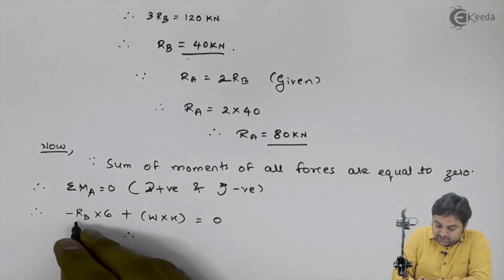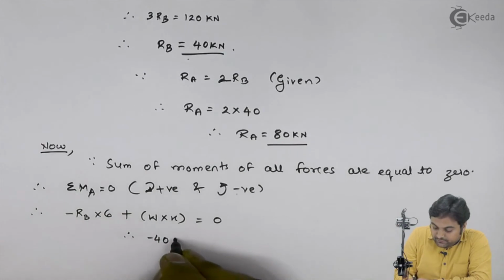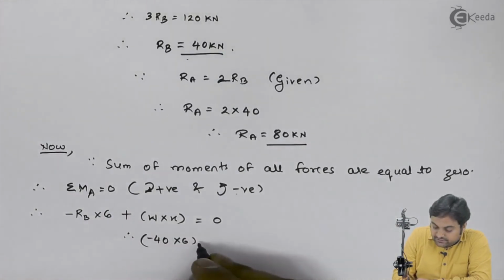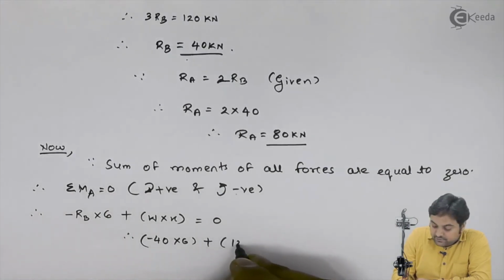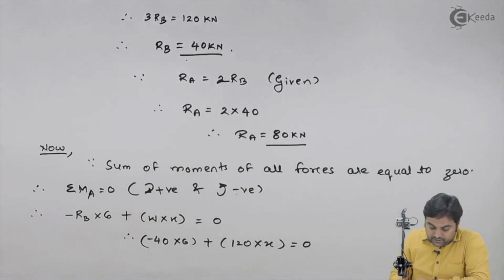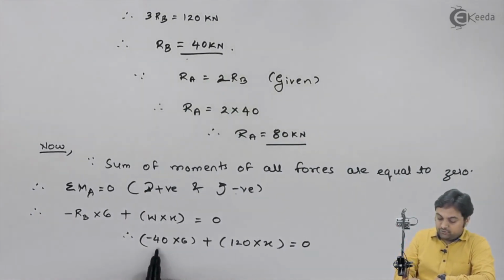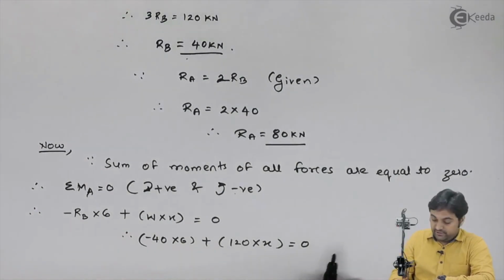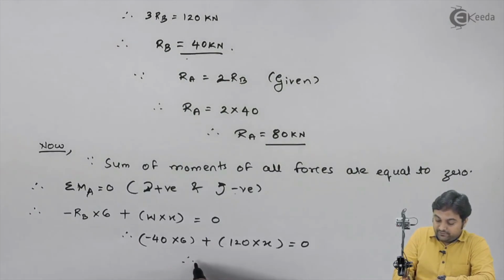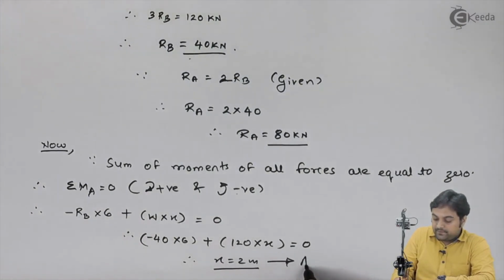Hence, instead of RB, I will write 40, because I've got the value: minus 40 into 6 plus W, which is given as 120, into X is equal to 0. So this will give me a value of minus 240, and if I shift it onto the other side, that will be plus 240 divided by 120. So therefore X will be 2 meters. My answer.